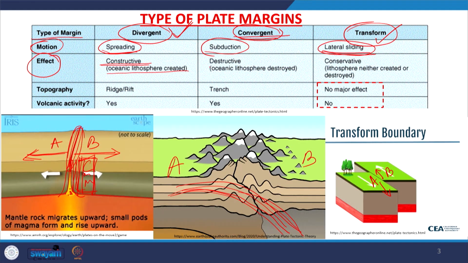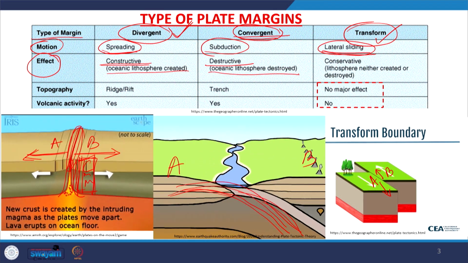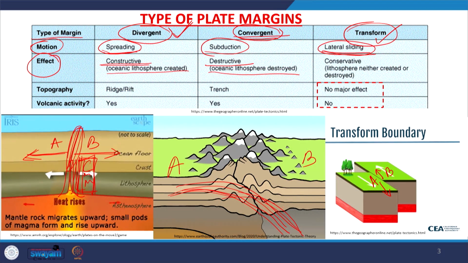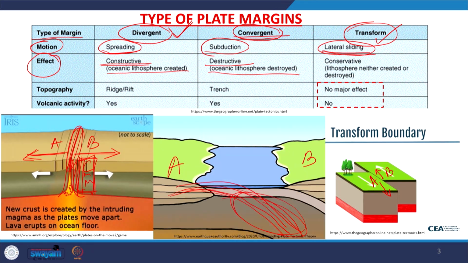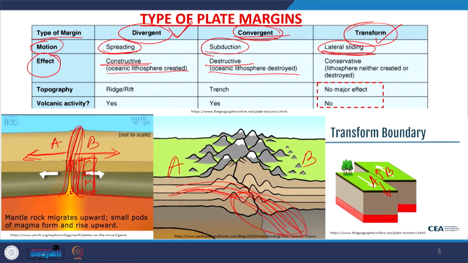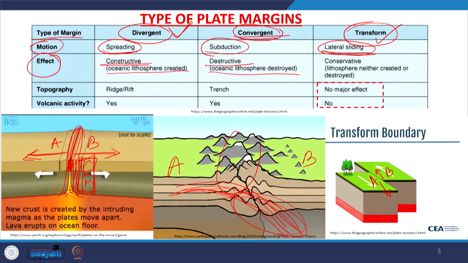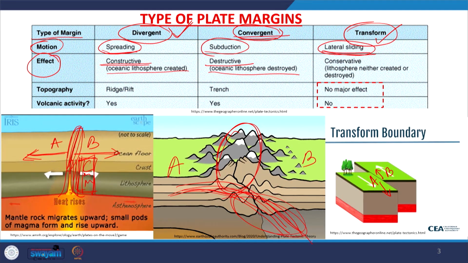Then the convergent system is destructive. Destructive means one part of this plate is being destroyed here. So, the oceanic segment is partly consumed. If you see here, this is the oceanic plate, the oceanic lithosphere, and that oceanic lithosphere is subducting down, it is being consumed there.